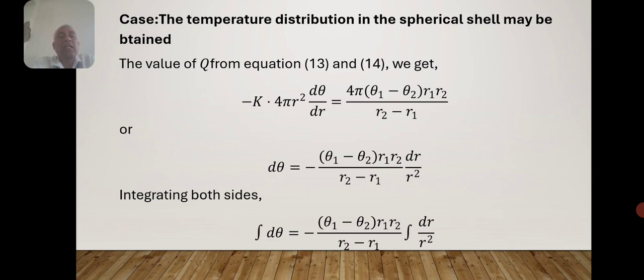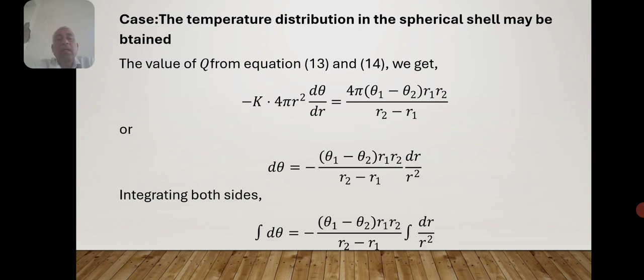This is the value of Q from equation 13 and equation 14, and hence we have equated these two quantities, or it can be written as d theta equals theta 1 minus theta 2 into r1 r2 upon r2 minus r1 into dr upon r square.